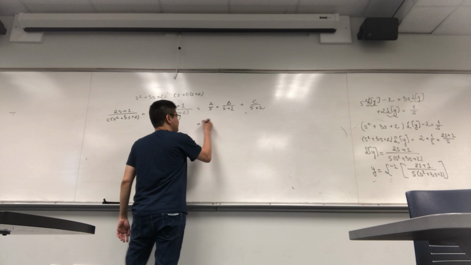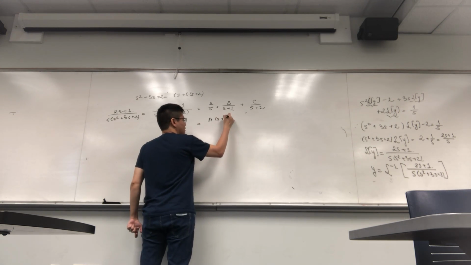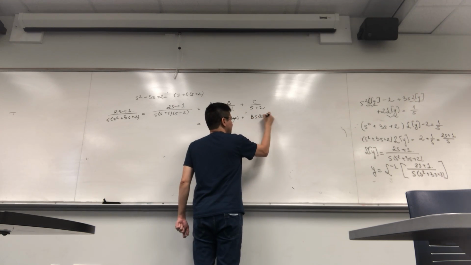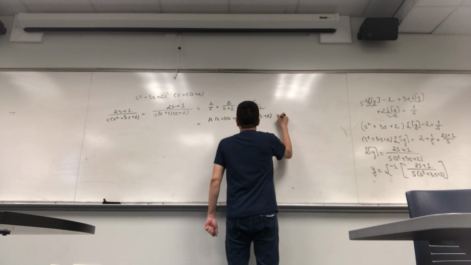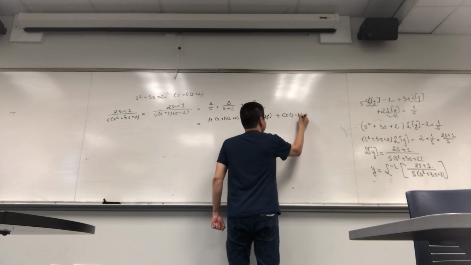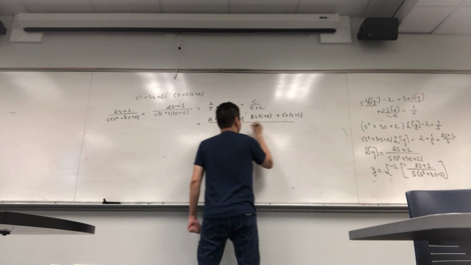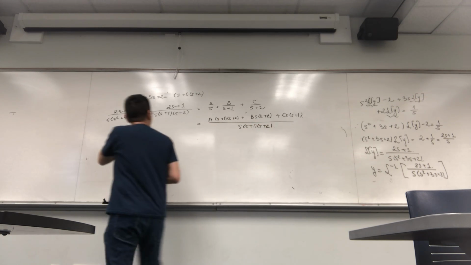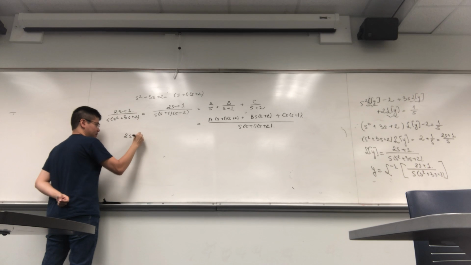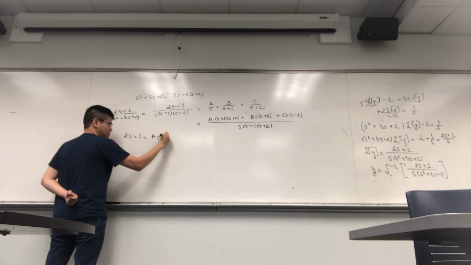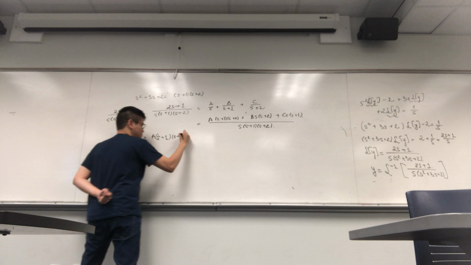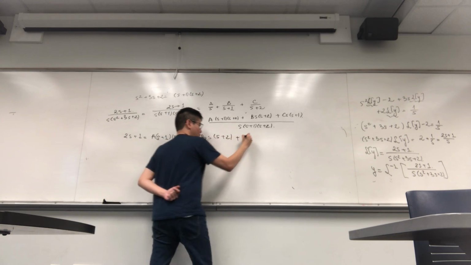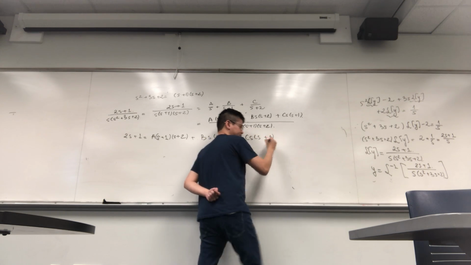Which means that this is A times s plus 1, s plus 2 plus B times s plus 2 plus C times s plus 1, over s plus 1, s plus 2. So 2s plus 1 is going to be A times s plus 1, s plus 2 plus B times s plus 2 plus C times s plus 1.